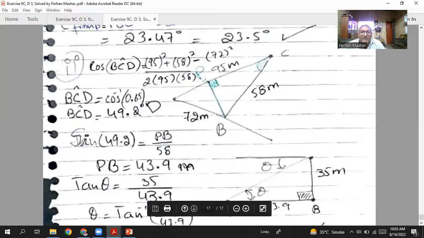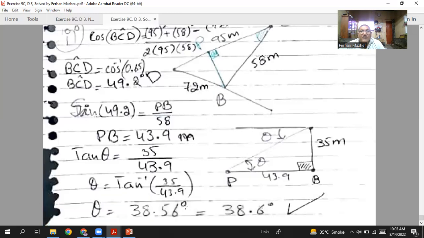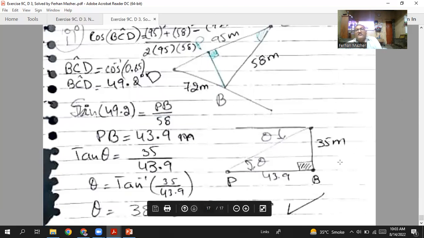And the girl will be here. The tower is here, which is 35 meters high. So I want to calculate the angle of depression. So this is the tower at the B. The girl is at the point P. That's the shortest distance, that's 43.9. So I want to calculate this angle. The angle of elevation and angle of depression are equal to each other. So I will use the tan.